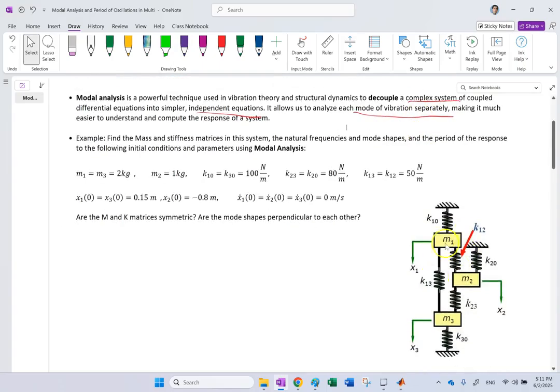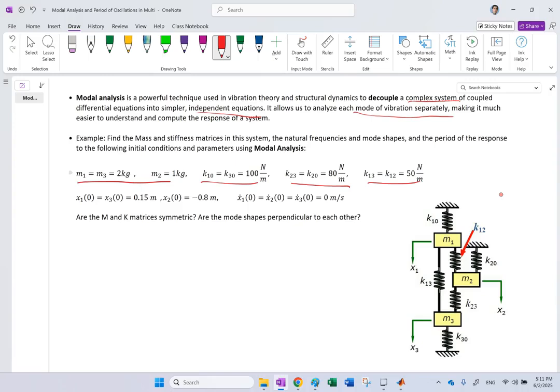So here we have this mass spring system. The motions of the masses are x1, x2, x3. The values for the masses and the springs here, I provided some numbers. These are not in that website, so I just made up some numbers. 6 springs, 3 masses. This is a 3-DOF system.